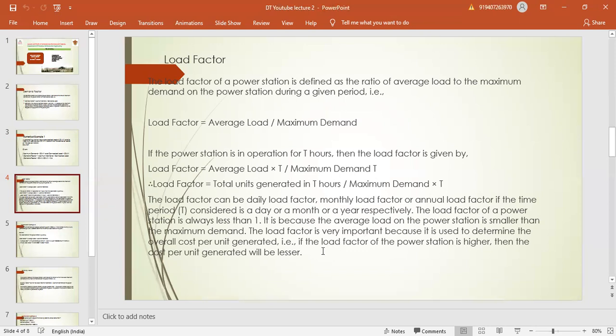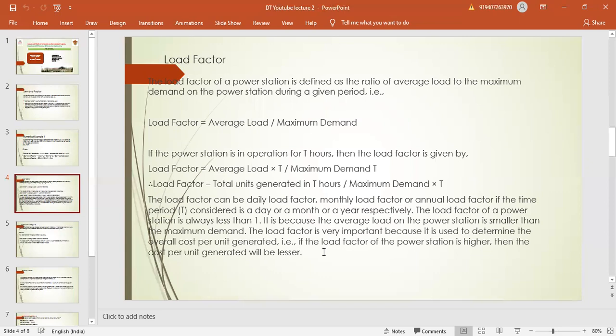Load factor can be daily load factor, monthly load factor, or annual load factor, if the time period T considered is a day, a month, or a year respectively. Load factor of a power station is always less than 1. Why?